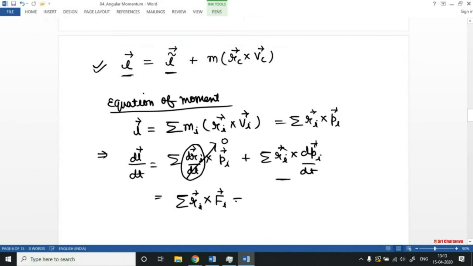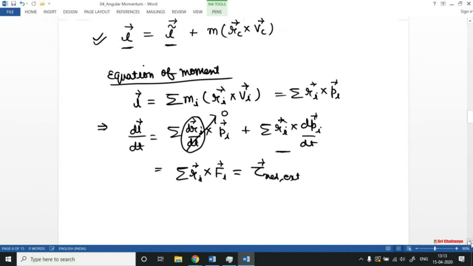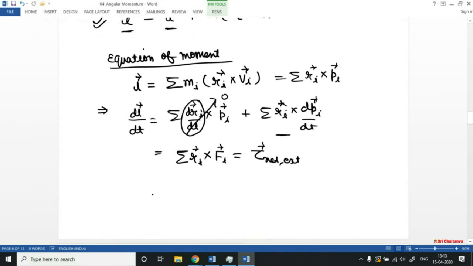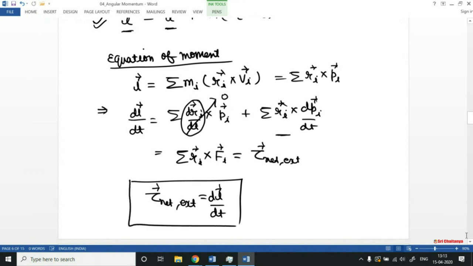So this is basically the net external torque. So we have got this equation of moments, and that is very, very important. That is tau net external is equal to dL/dt. That is a very, very important equation.